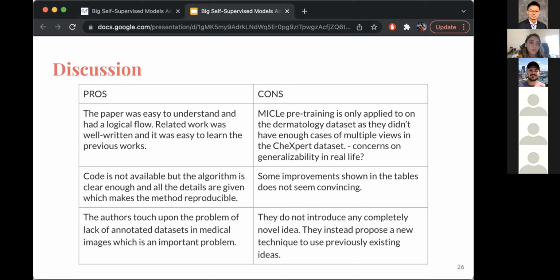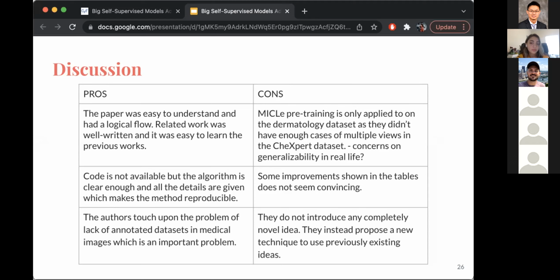Although they have two types, dermatology and chest X-ray, it would also be interesting to test on CT and MRI, the very common medical imaging modalities. If they're able to demonstrate it consistently performs well for self-supervised learning compared to supervised transfer learning, I think that would demonstrate the generalization ability. So that's one big issue.